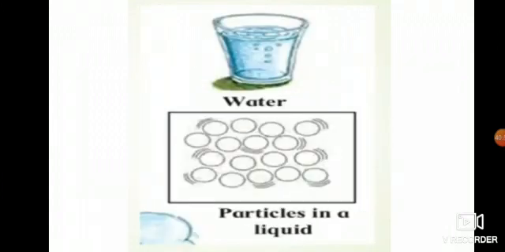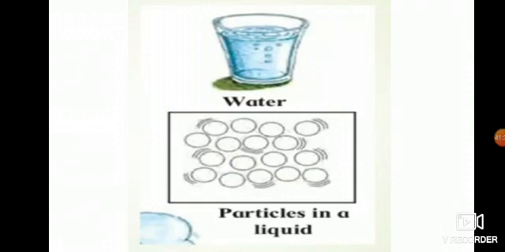Clear? Now, second is water. So, that is liquid state. Now you look at the water particles. So, this is the liquid format. Here is the example of water. Okay, as I told you all before. So, the particles which are present in the water, they are a little bit away. Can you see in the picture, second picture? Yes, they are a little bit away from each other. So, in liquid state, the particles are a little bit away from each other.